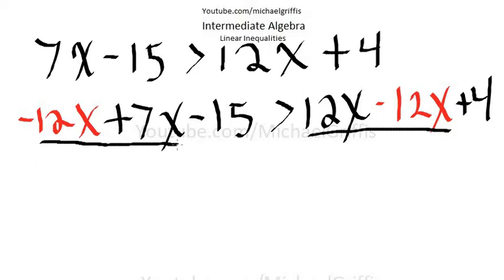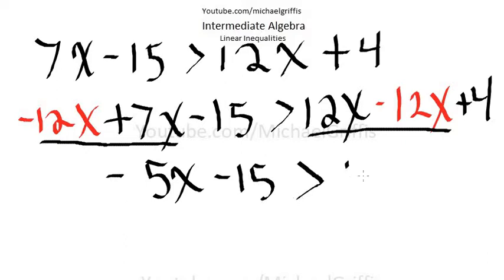So that's going to be negative 5x is greater than, let's go, you know what, we better not do that. Let's just go ahead and get rid of this. And we have minus 15 is greater than 4.